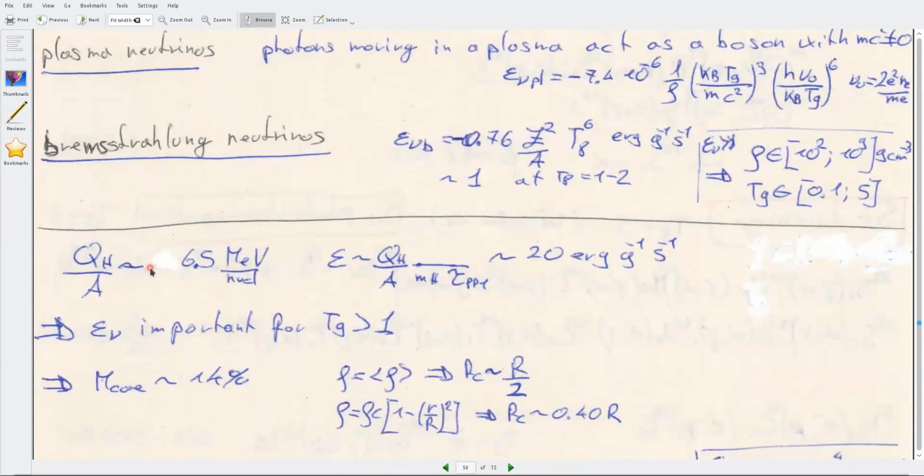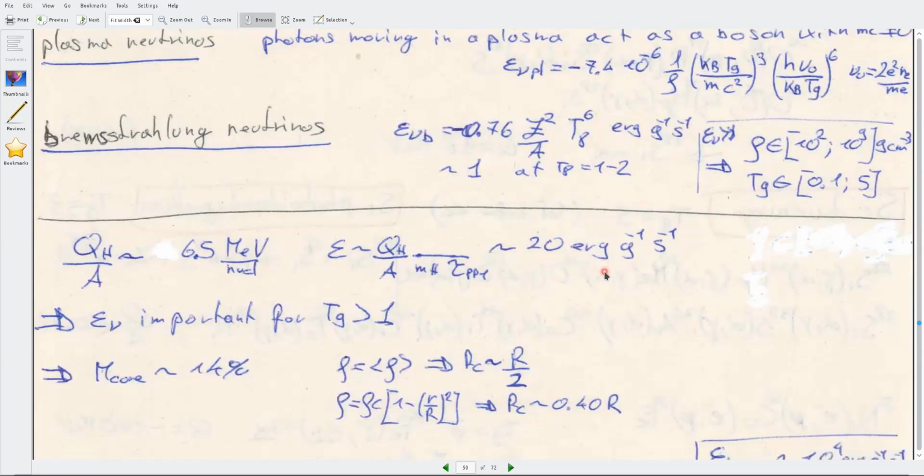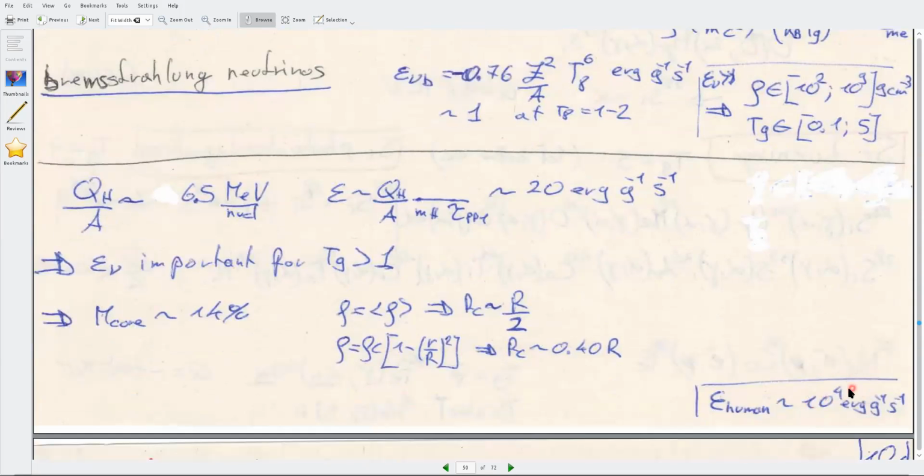And at the end, you see the main productions here. You can calculate the production rate is 20 erg. That is quite low. A man produces a lot more energy per gram per second, but the star is definitely bigger.